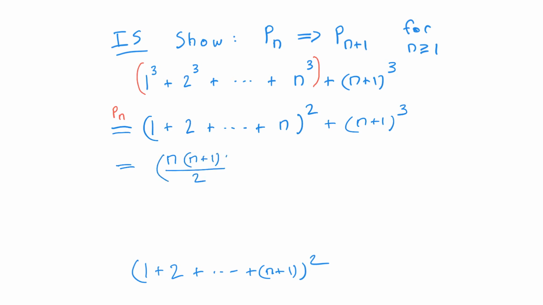So we can replace all of that inside of the brackets. And the expression below, we can replace the same thing. We're just going up to n plus 1. So this one would be n plus 1 multiplied by n plus 2 all over 2, and then all squared. So we're getting these two expressions closer and closer together.